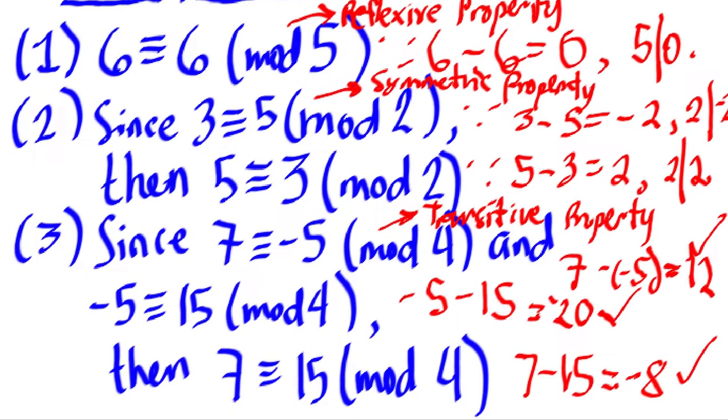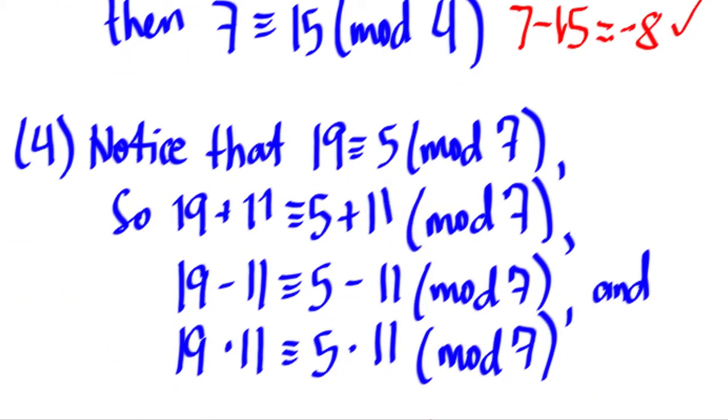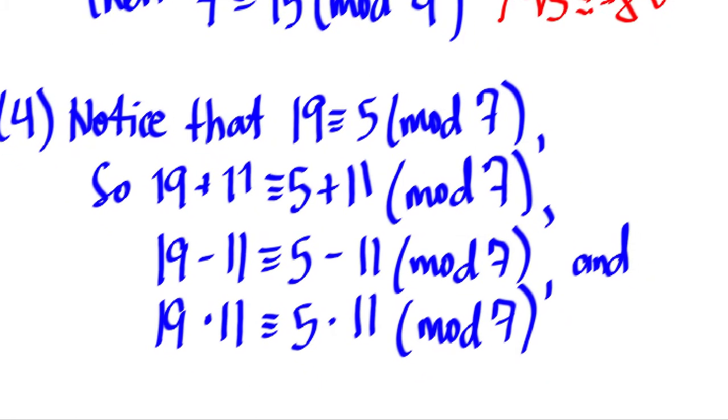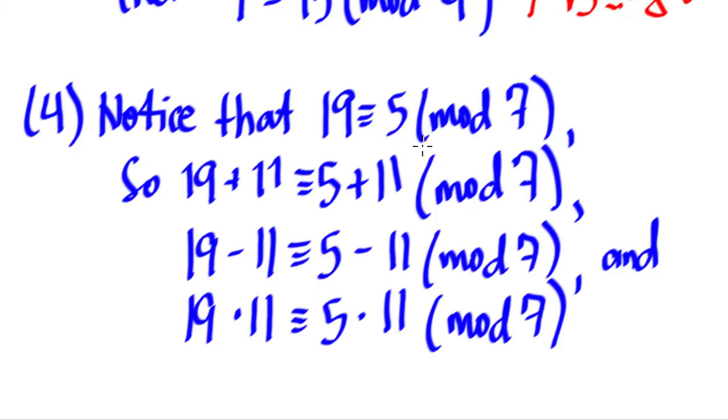Let's give a brief example of the operations here. After this part, we can compute some operations on congruences, or in modular arithmetic. So notice that 19 is congruent to 5 mod 7. So we say that 19 plus 11 is congruent to 5 plus 11. As you can see, the number we added to both the left hand side and right hand side of the congruence is the same.